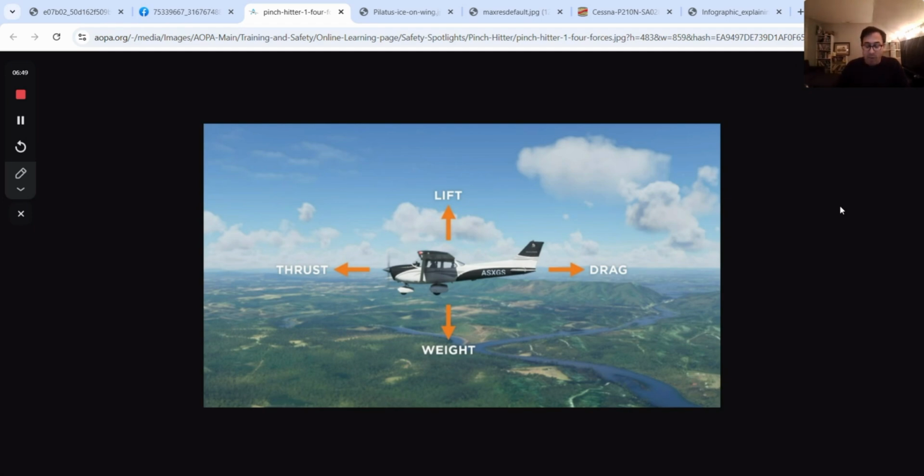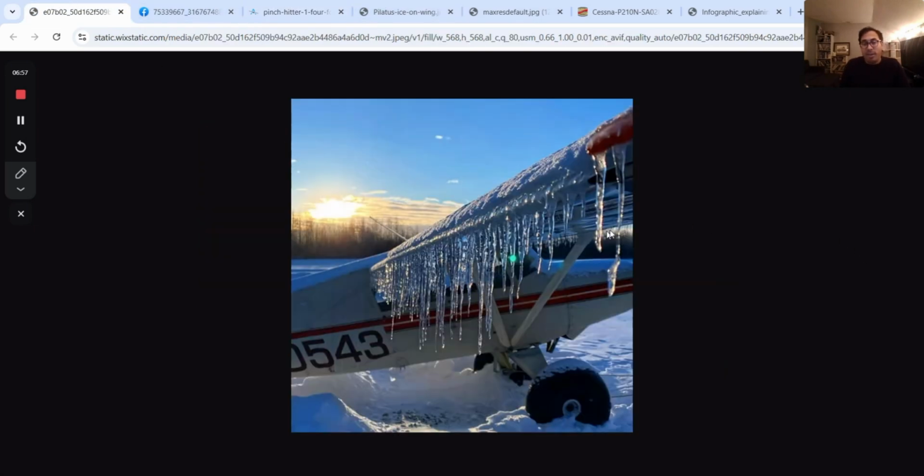So how do we even know if ice is forming? Well, there's a couple different ways. We can look outside. It might not look like this. This is pretty dramatic, but usually we can start to tell if ice is forming if we just look outside, like in a 172. If you look out the left window, you'll see the pitot tube. If the pitot heat isn't on, and you see ice starting to form, you'll see ice starting to form on it.